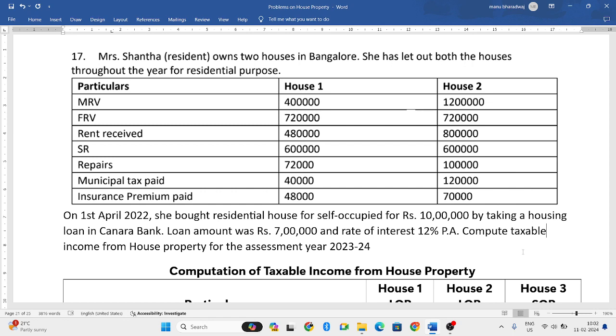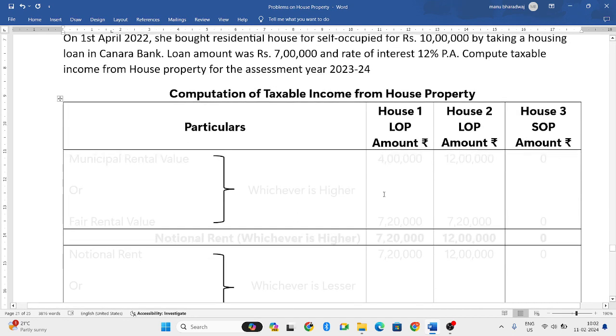On 1st April 2022, the start of the previous year, she bought a residential house for self-occupation, worth rupees 10 lakh, by taking a house loan from Canara Bank of rupees 7 lakh at a rate of interest of 12%. Now we have to compute the taxable income from house property.